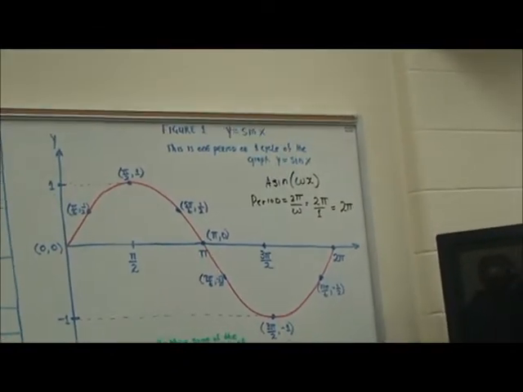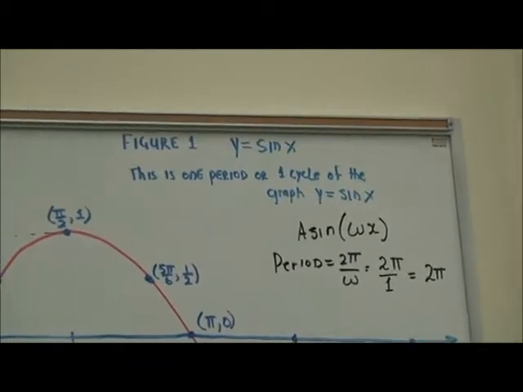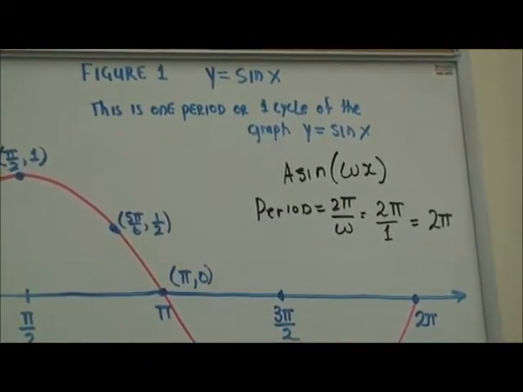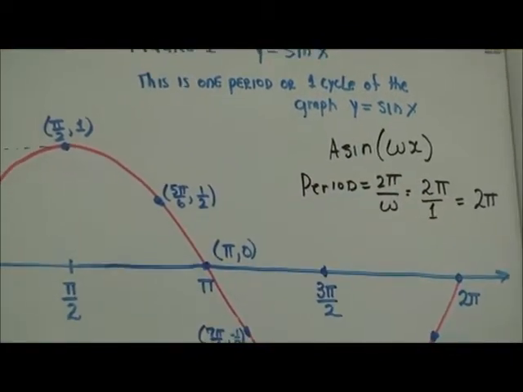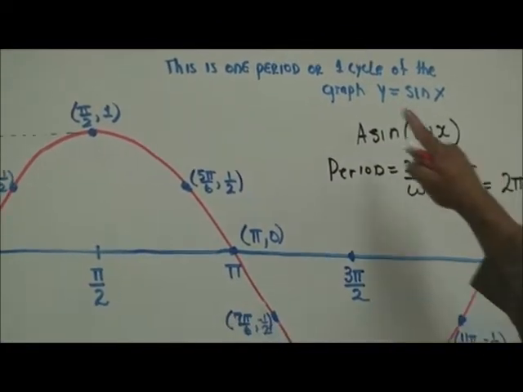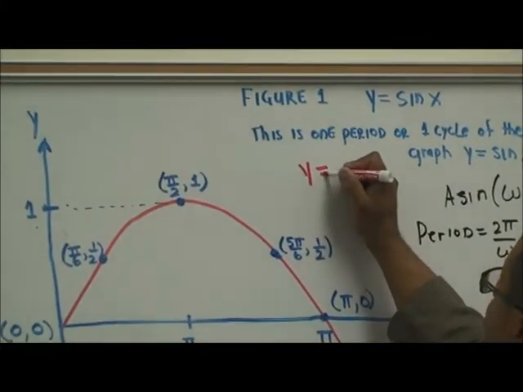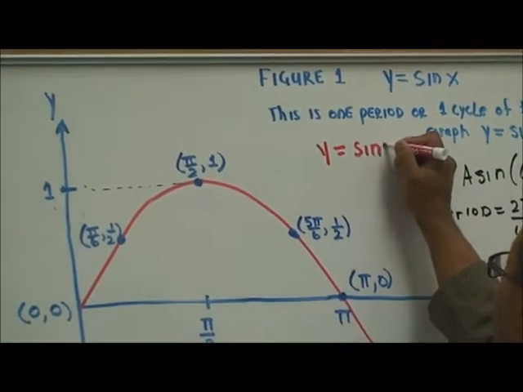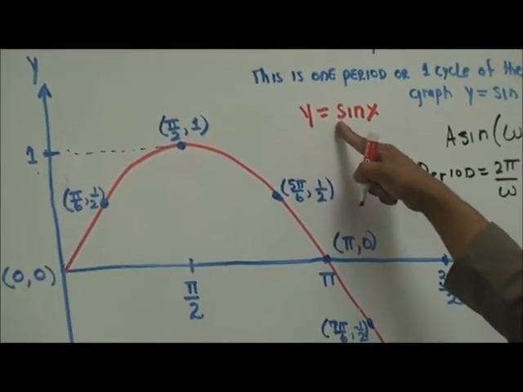A times the sine of omega times x. And that basically is showing you that A is the amplitude of this function. So when you have y is equal to sine x, just make mention of that, that's understood there to be a 1.